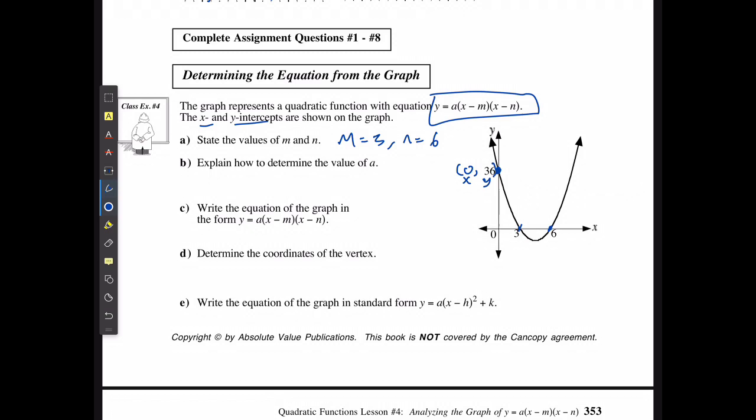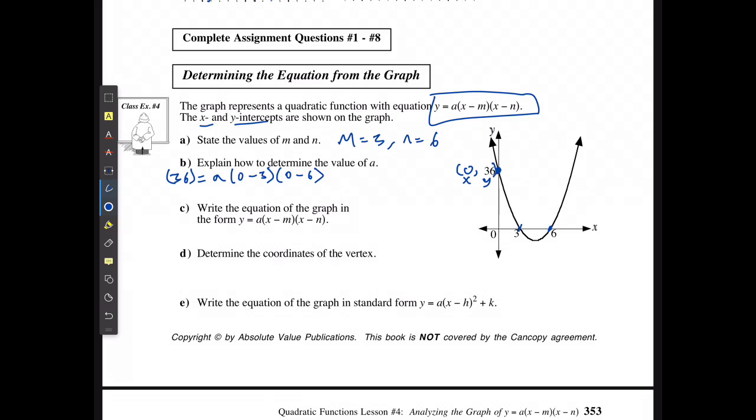And I'm going to say that y is 36 is equal to a, which is what I'm solving, bracket, x is 0, and m is 3. X is still 0, and m is 6.